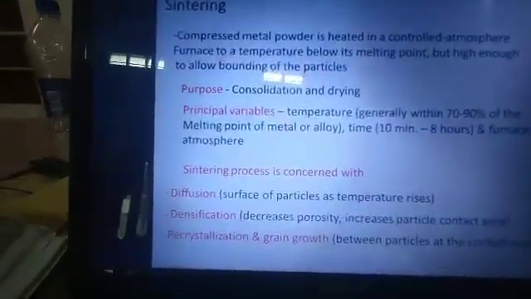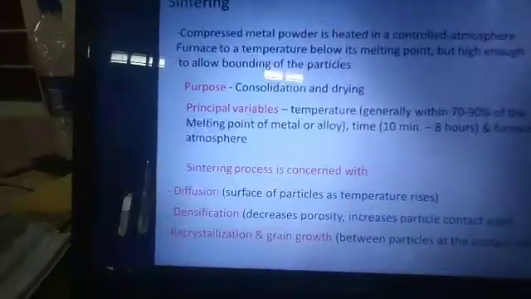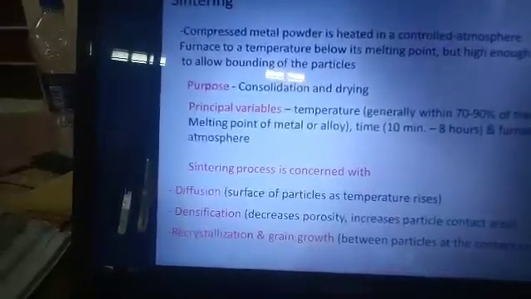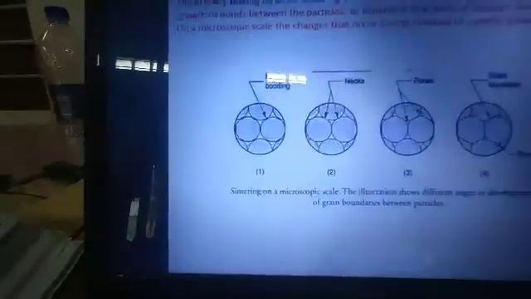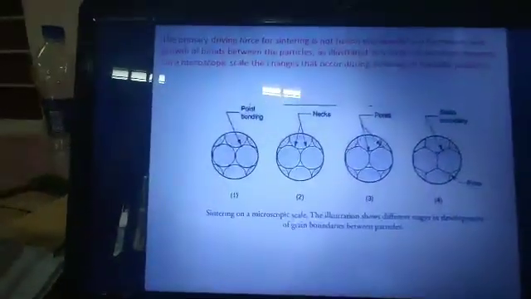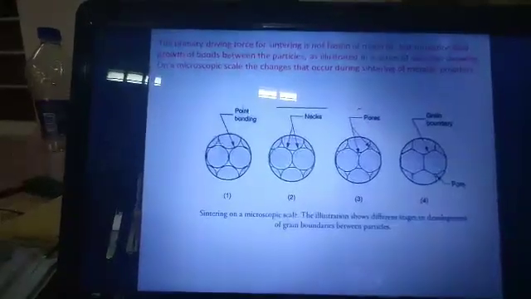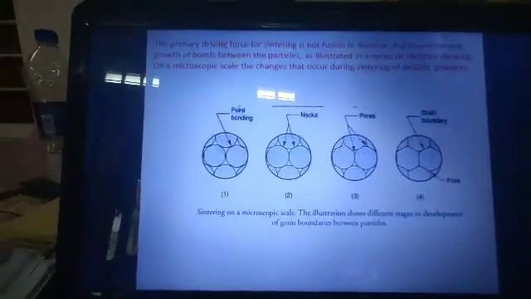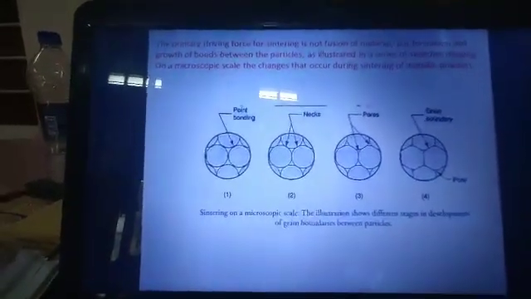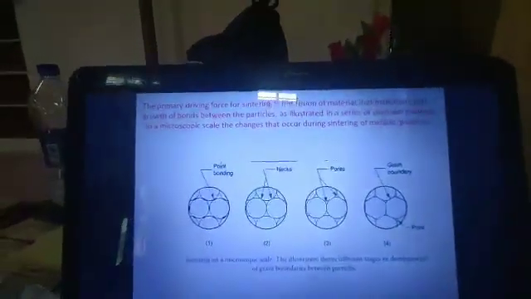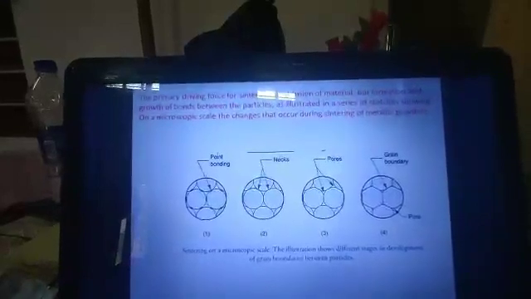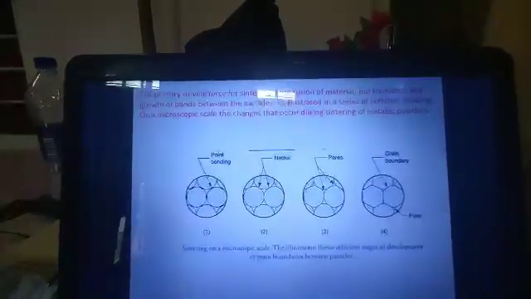The sintering process is generally concerned with diffusion, densification, recrystallization and grain growth. This diagram shows the driving force, which is not a fusion of material but the formation and growth of bonds between the particles.